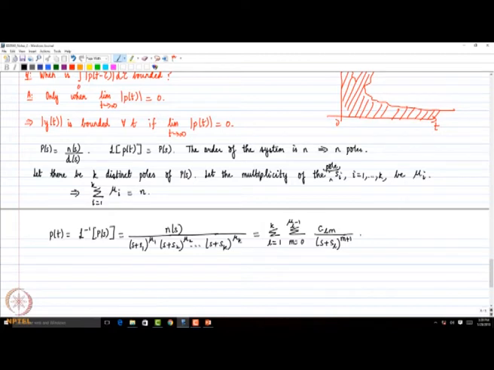Let me give you an example as an aside. Let's say I have a system whose transfer function is 1 by (s + 1)(s + 2)(s + 3) whole square. What is the order of the system?